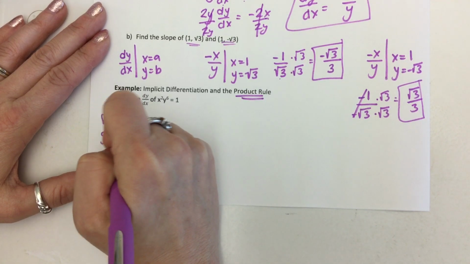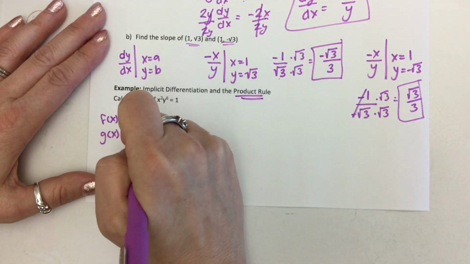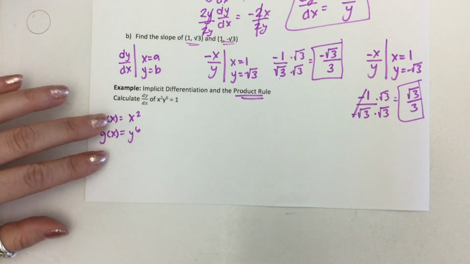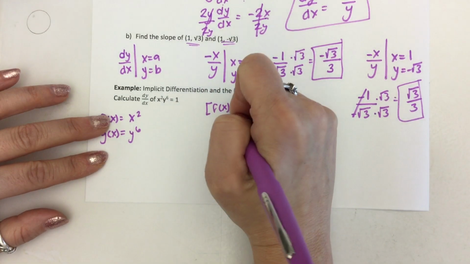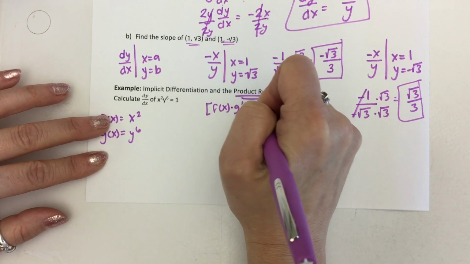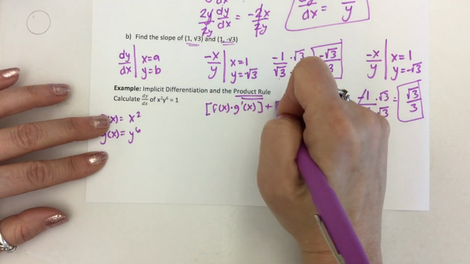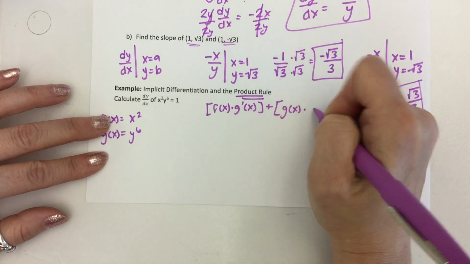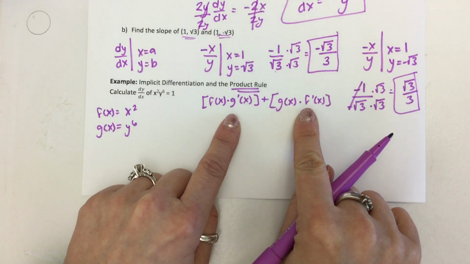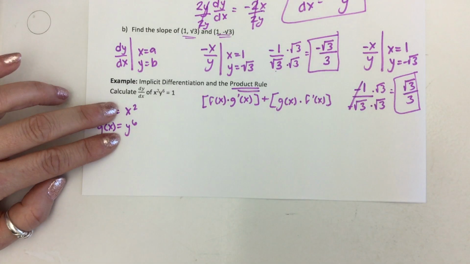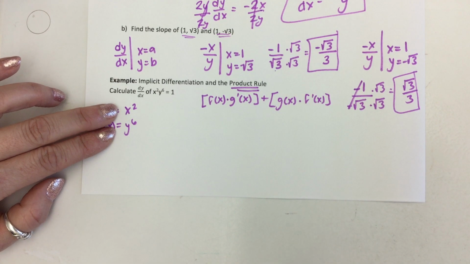The second thing, g of x, is y to the power 6. So again, the product rule is this: f of x, keep that the same, multiply it by the derivative of g of x, plus the second piece, g of x, multiply it by the derivative of f of x. That's the product rule. We can do that with both x's and y's. We have to for implicit differentiation.